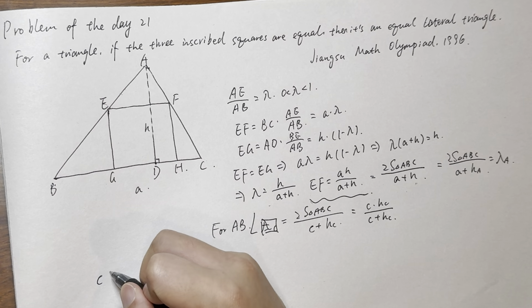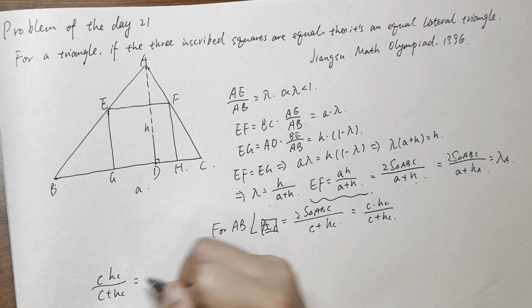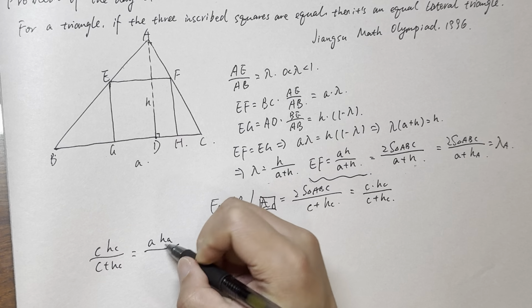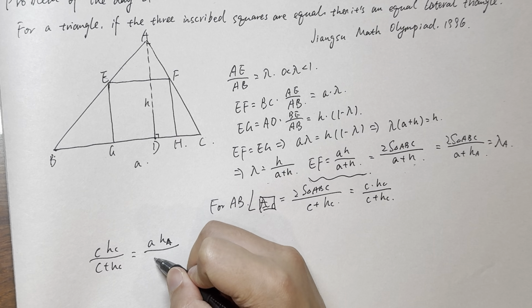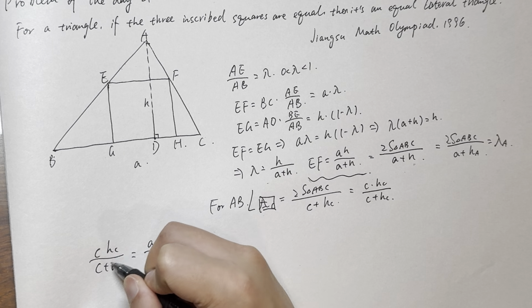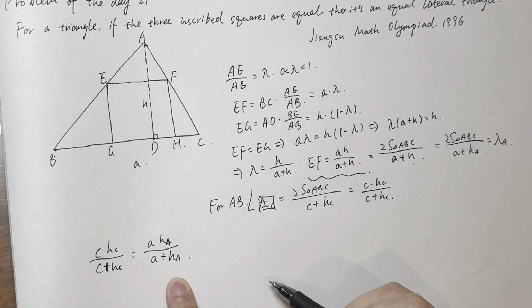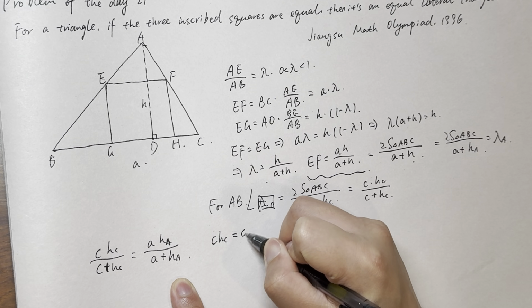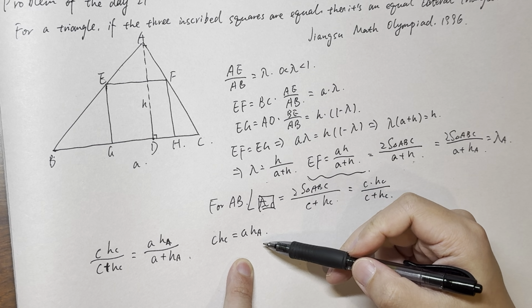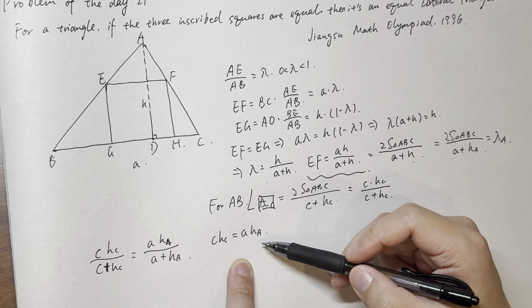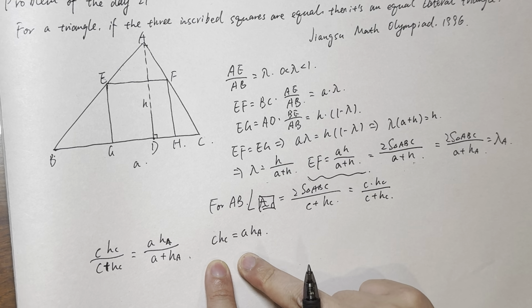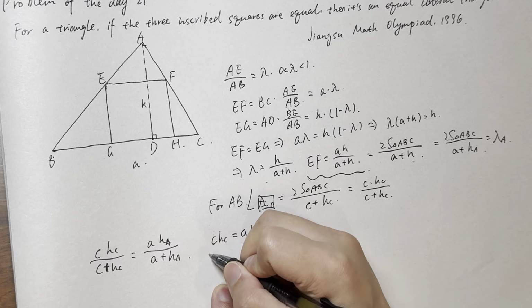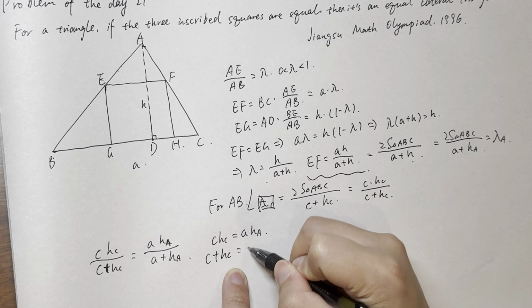Then let's set c h_c over c plus h_c equal to a h_a over a plus h_a. And we already know that c h_c equals a h_a, because that's twice the area of triangle ABC. So the products are equal and also the sums are equal.